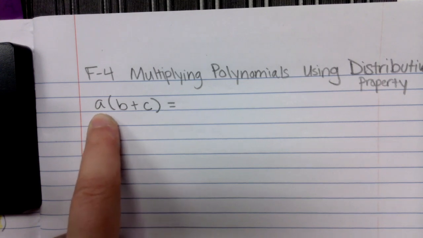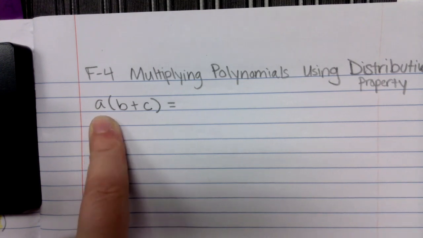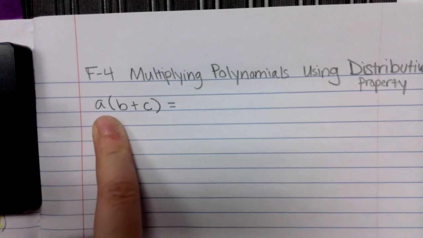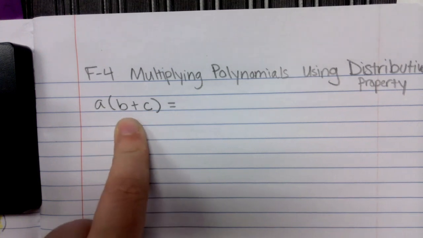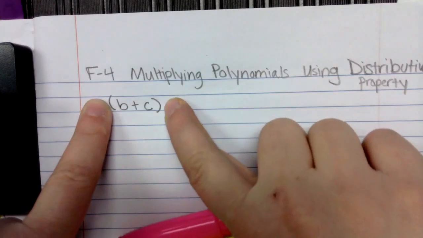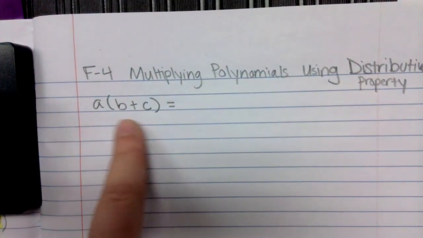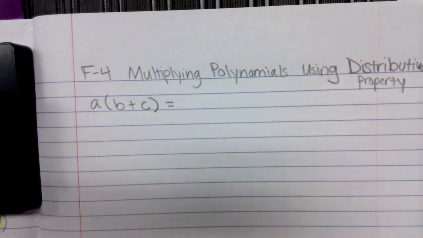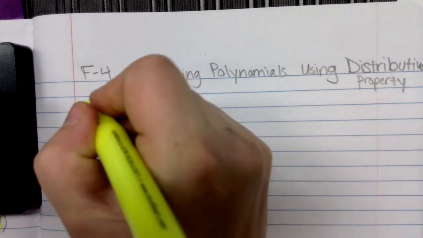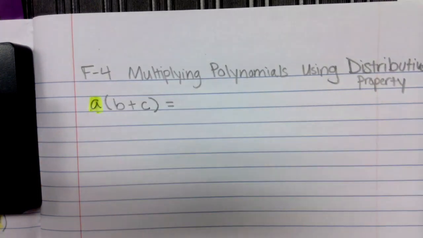It's a monomial. But then what about that B plus C? Binomial. So we're doing a monomial times a binomial. You've done this before. And what we do is we distribute. So we take that A, and what are we going to do with that A? Distribute it. We go pew, pew.